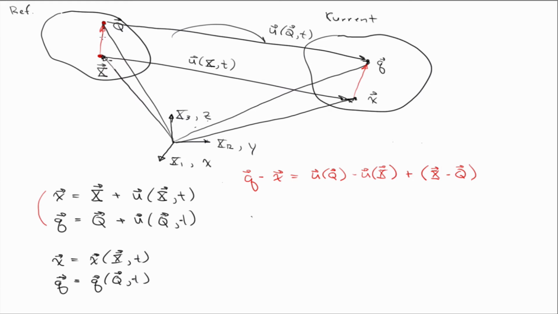And so let's just take this equation we wrote down and do a Taylor expansion about the point Q equal X. Right? So we're going to Taylor expand this equation about the point Q equal X.